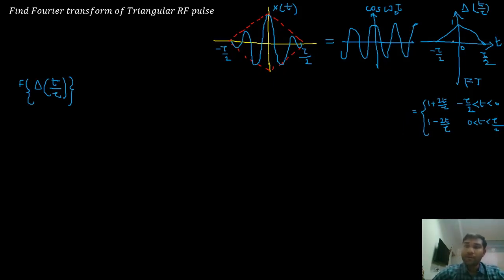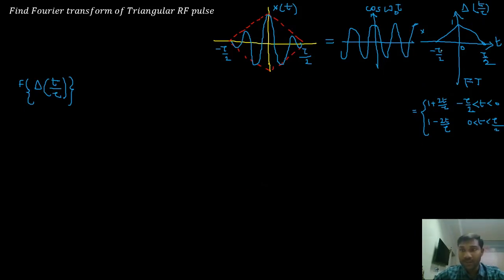Now I can find the Fourier transform of this using the traditional analysis equation, that is, integral from minus infinity to infinity of x of t e power minus j omega t dt. Instead of finding it that way, I will find it using a property of Fourier transform.